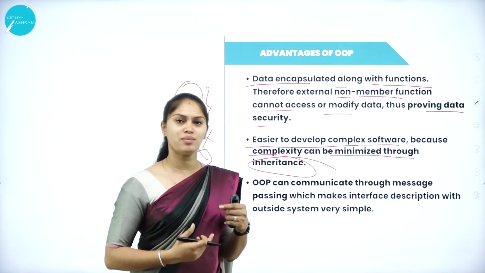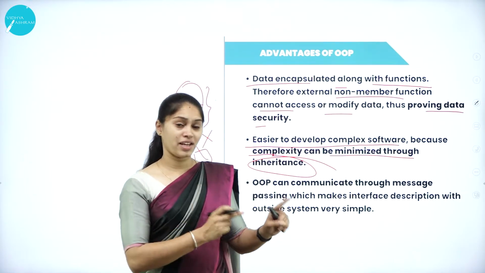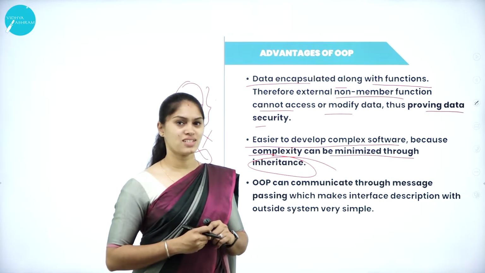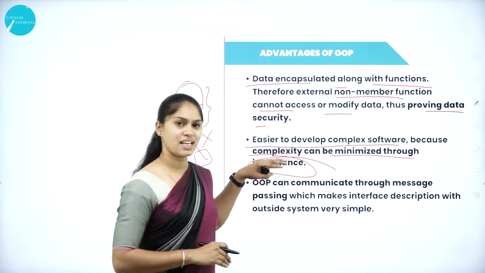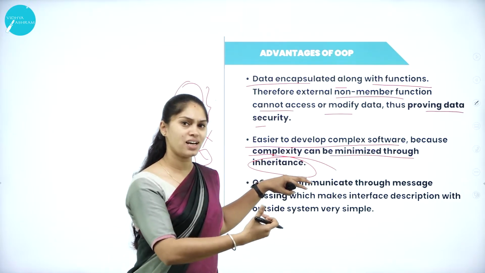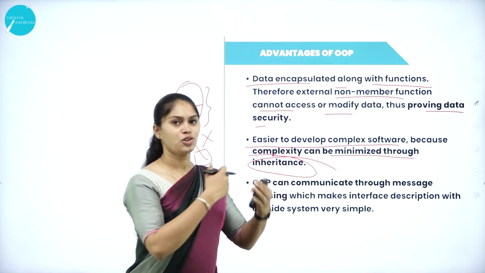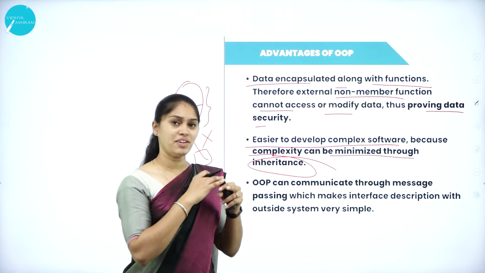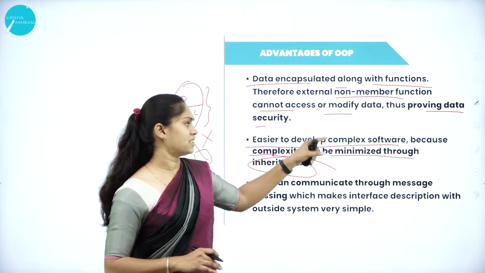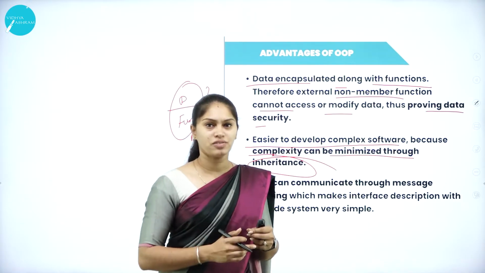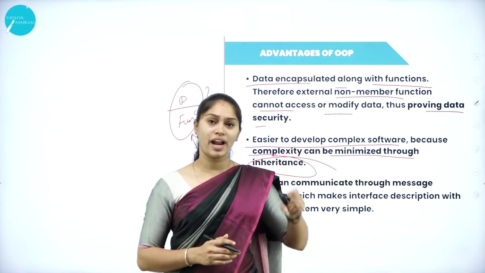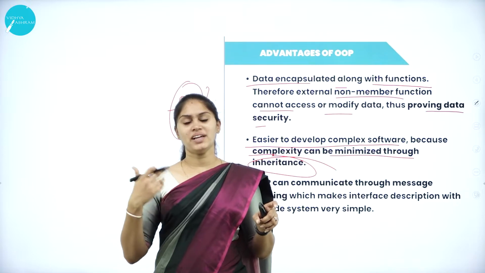So code reusability can happen by making use of this inheritance concept. With the help of inheritance, I can copy the code of another class to my new class, so that it will reduce the complexity of the development of a software. That means it will also reduce the software development time.